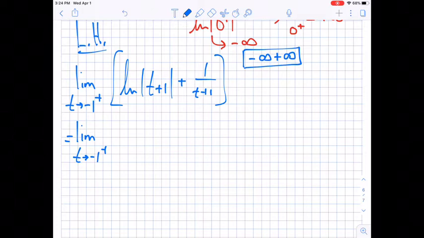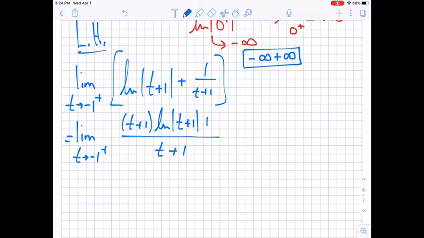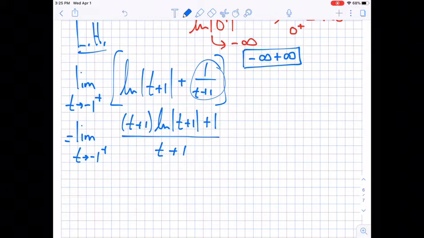And if I bring it all together, divided by t plus 1, I'm going to have t plus 1 times ln of t plus 1 plus, from here, there's just going to be a single 1. Okay, so that is fine. This is then the limit that we are looking at.